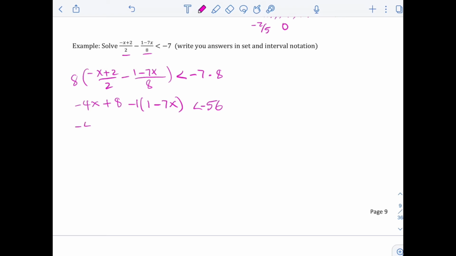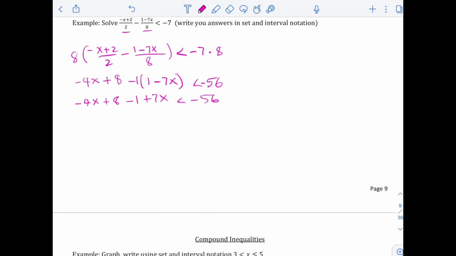So -4x plus 8 minus 1 plus 7x less than -56. So we should combine like terms. -4x plus 7x is positive 3x. And then 8 minus 1 is plus 7 less than -56.